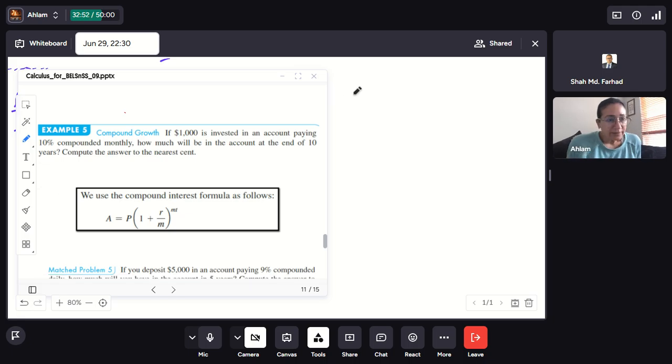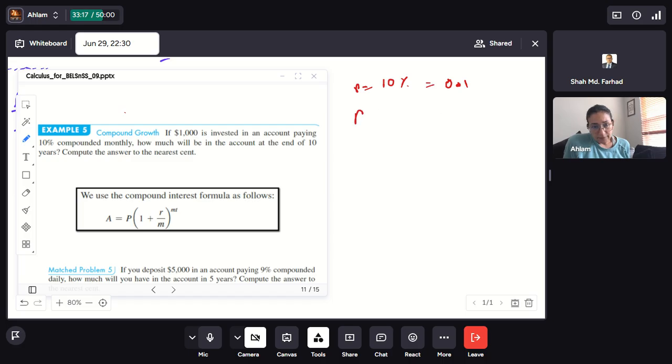Here the rate is 10%, so r equals 10 divided by 100, that is 0.1. The present value is 1000, compounded monthly, so m equals 12, and for 10 years, so t equals 10.